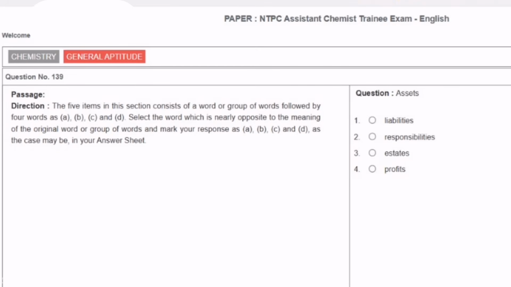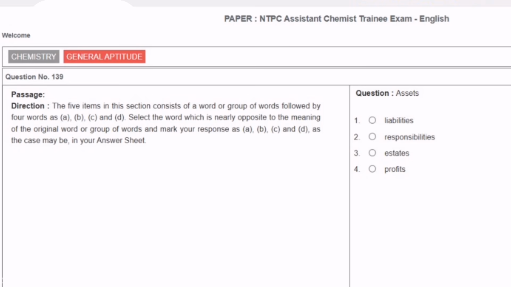Next question. The 5 items in this section consist of a word or group of words followed by 4 words as A, B, C and D. Select the word which is nearly opposite in meaning to the original word or group of words and mark your response as A, B, C or D in your answer sheet.